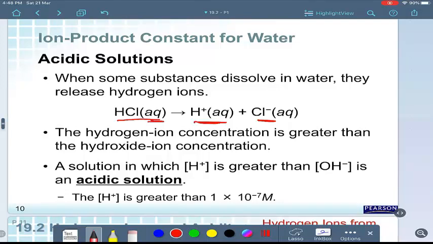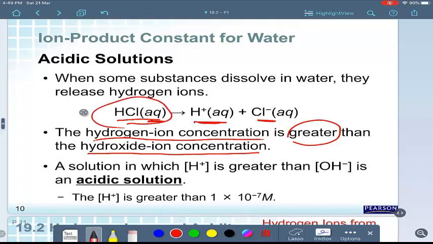It's aqueous solution. It means water is in the solution, aqueous. Hydrogen ion concentration here is greater than hydroxide ion. Well, hydroxide ion does not appear here, but water is in the solution.